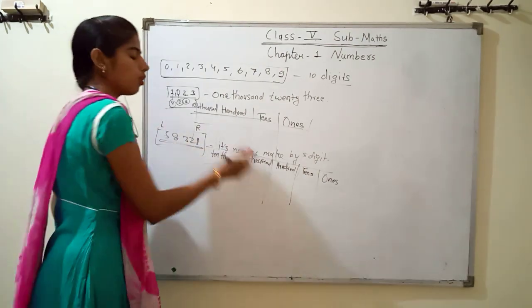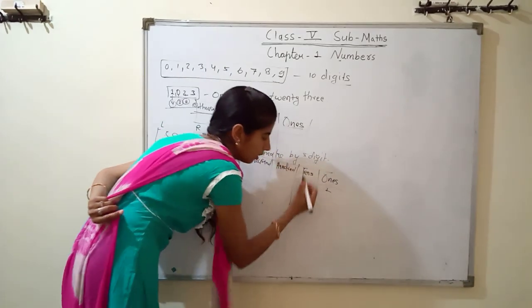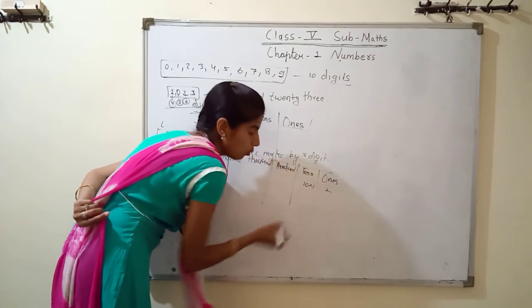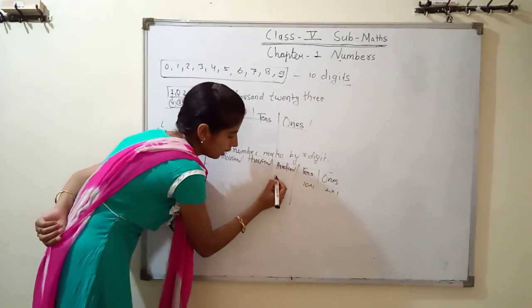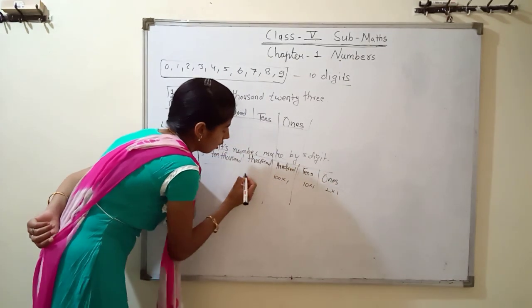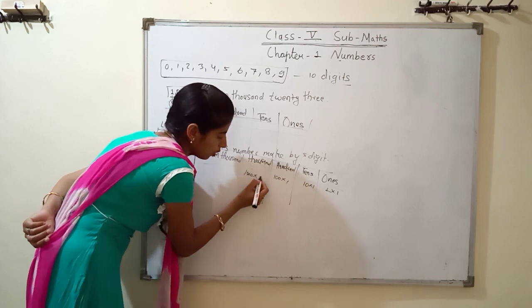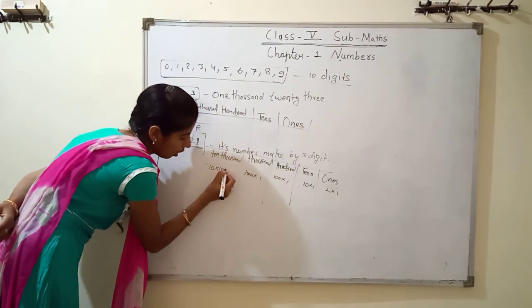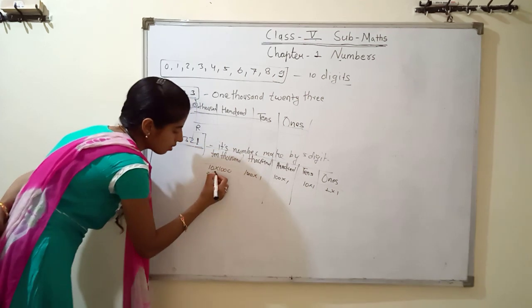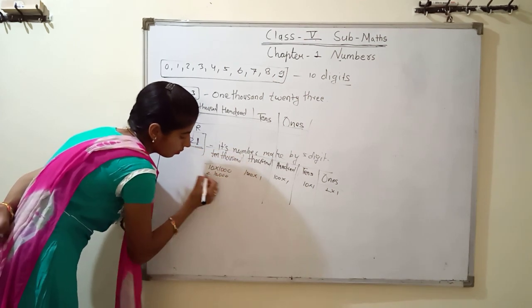We can know ones means 1 into 1, 10 means 10 into 1, 100 into 1, 1000 means there are 3 zeros into 1, and 10,000 means 10 into 1000.